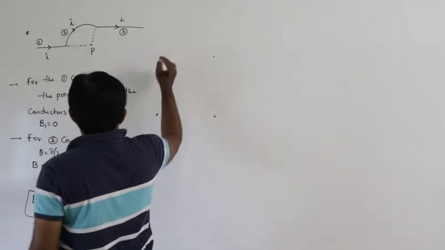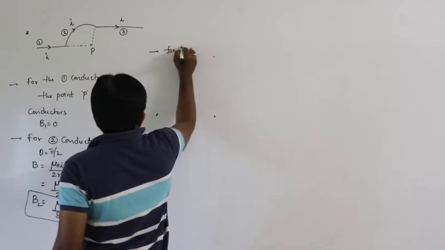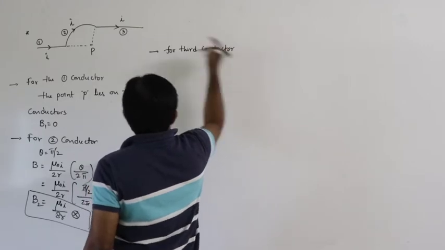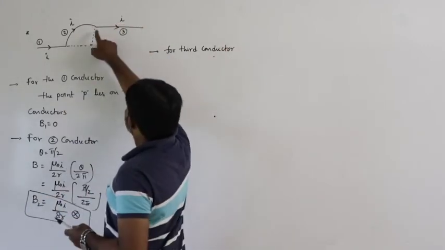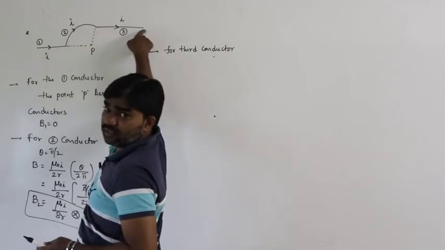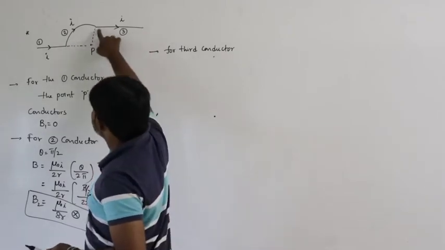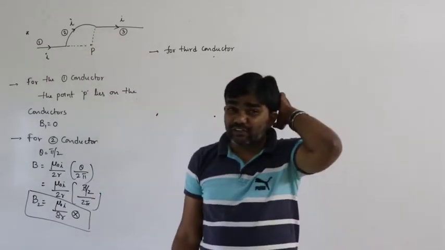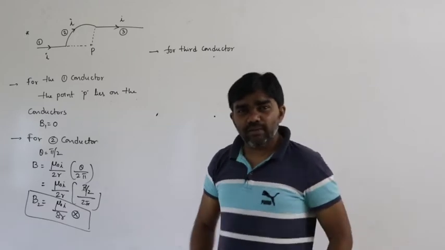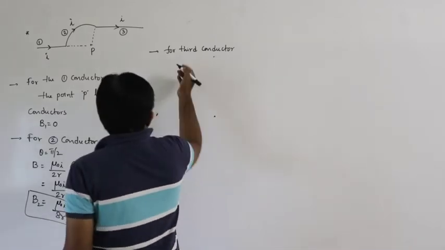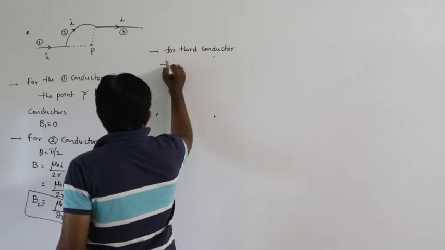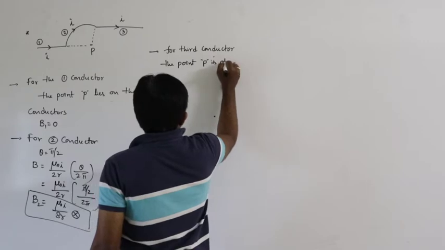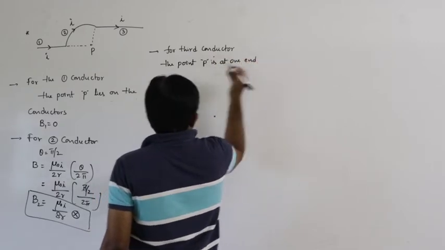Next, due to the third one. For the third conductor, this is the infinite current carrying conductor. For this infinite current carrying conductor, the point P is at one end.